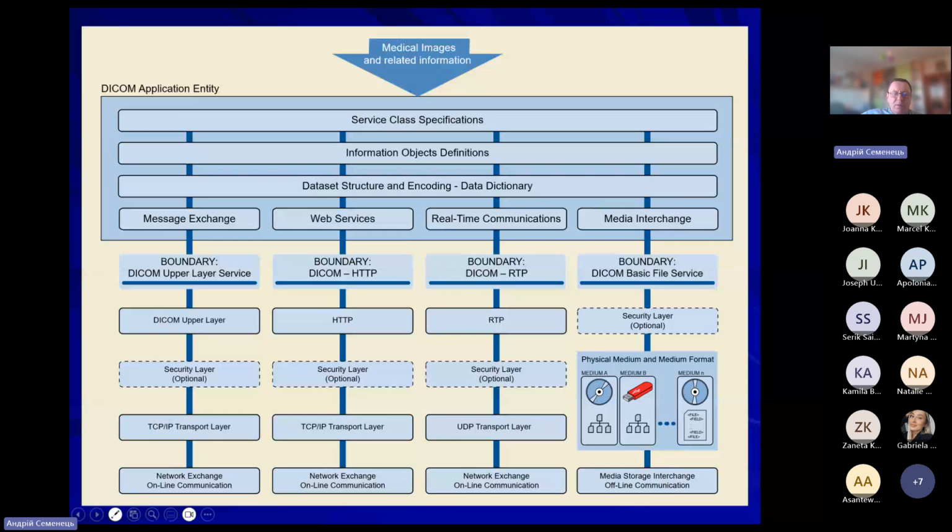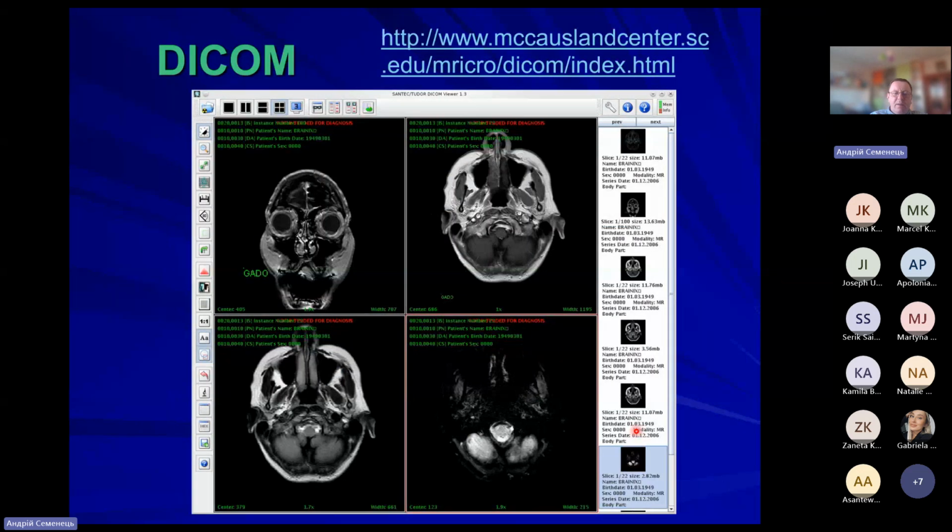But actually, the most important part of DICOM is the things on the left side, which provide the major DICOM features, so the ability to exchange between devices themselves. And here are a number of DICOM viewers, free and paid.